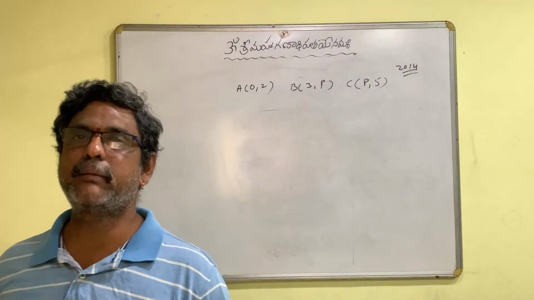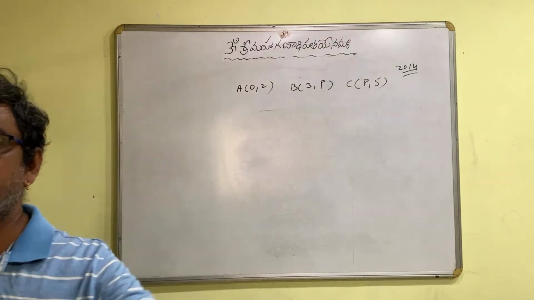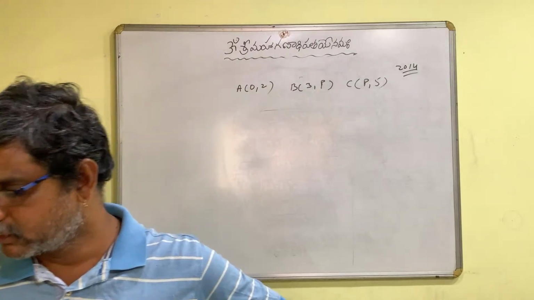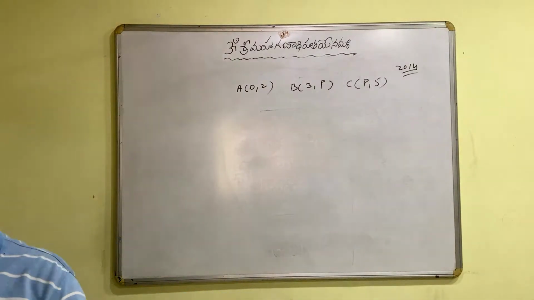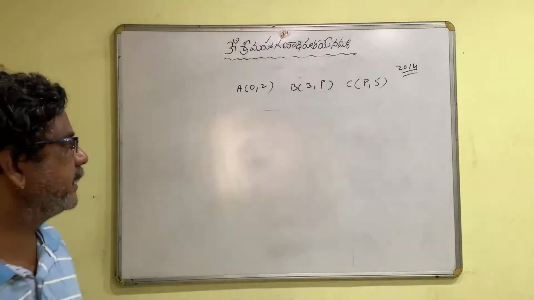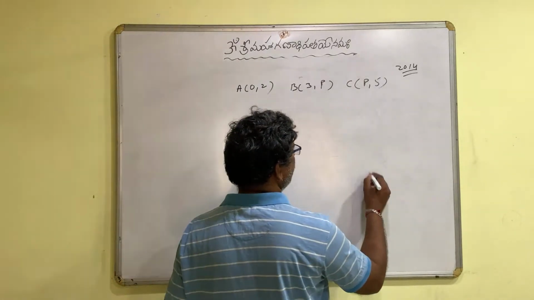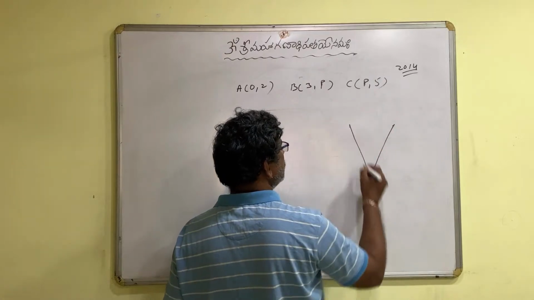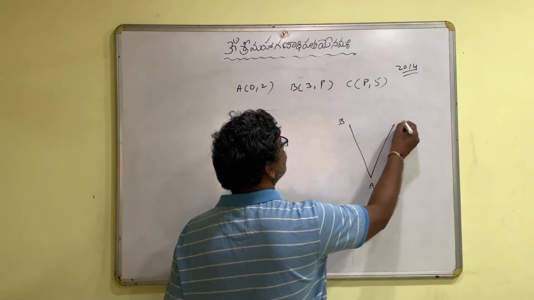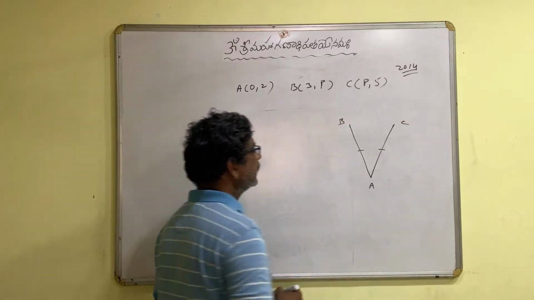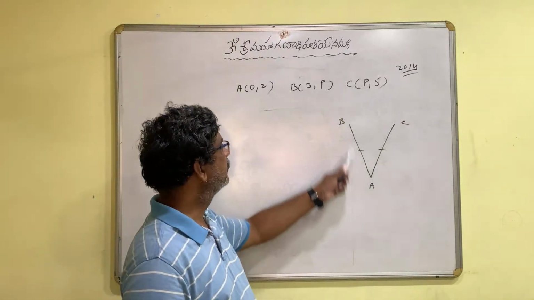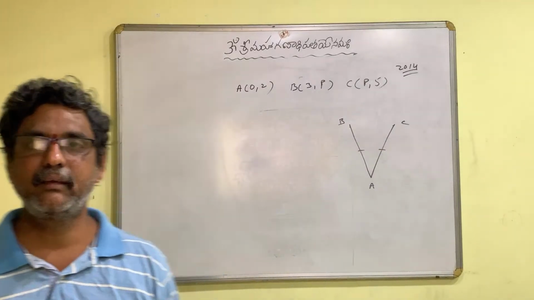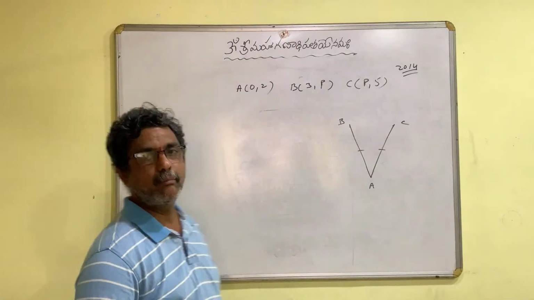This question is from the CBSE paper in the year 2014. Okay? So what to do? Point A is equidistant from B and C. The distance between AB and the distance between AC are equal, that is given, and we need to find the value of p.